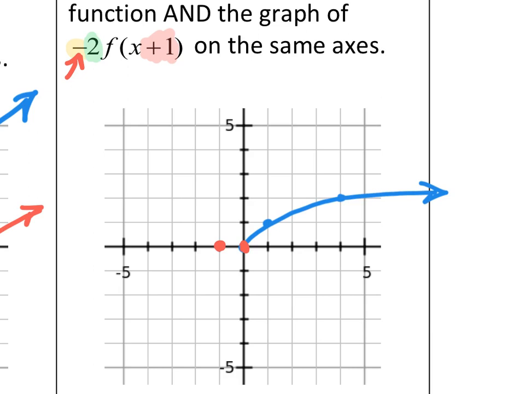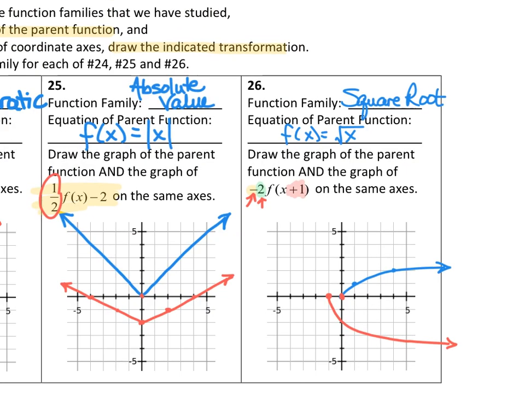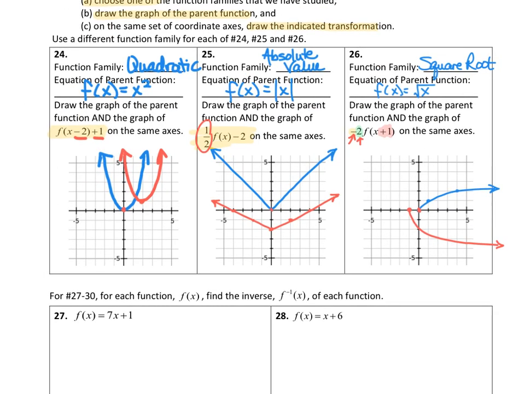It's also going to stretch, which means that it's going to stretch away from the y-axis. So instead of being close in like that, it's going to actually be wider out like that. Okay. So there's 3 different functions with some of the transformations that you can do with those functions.